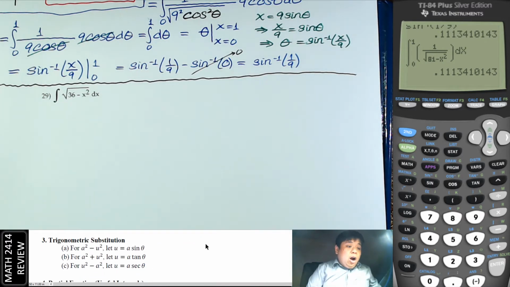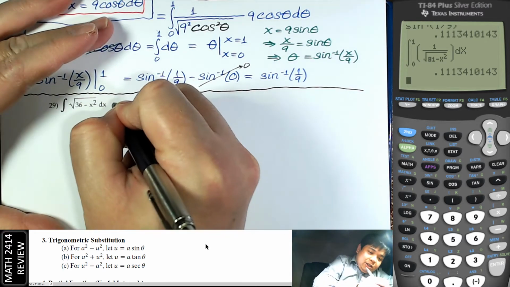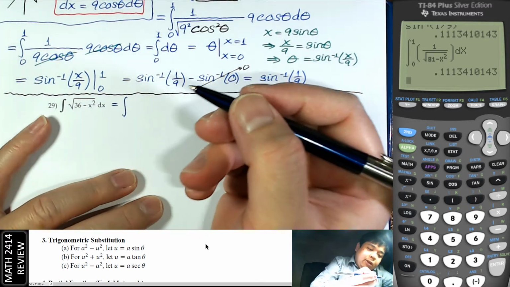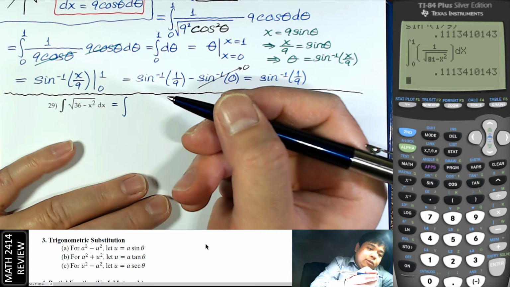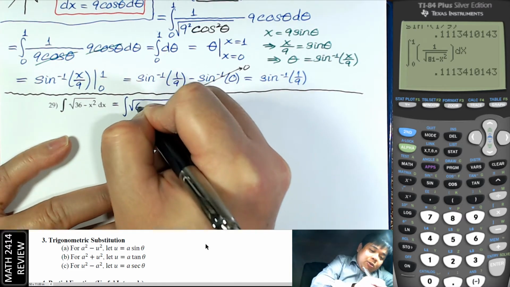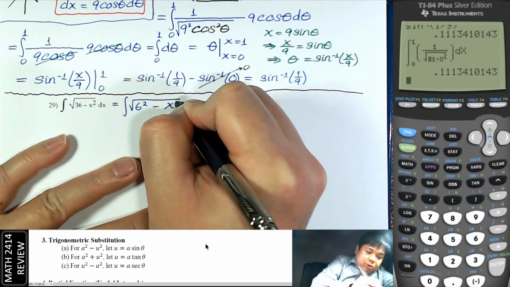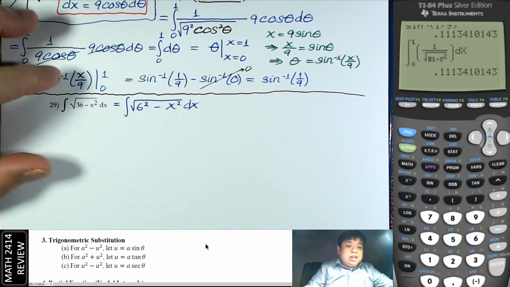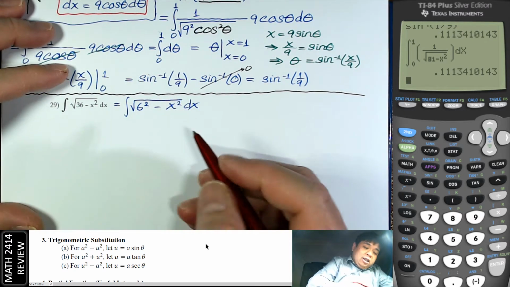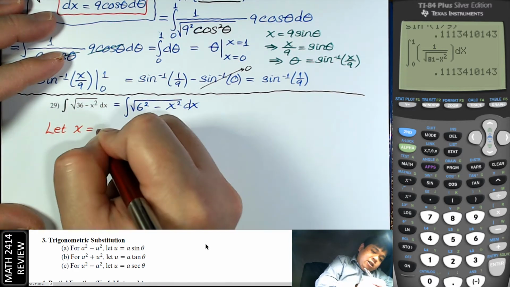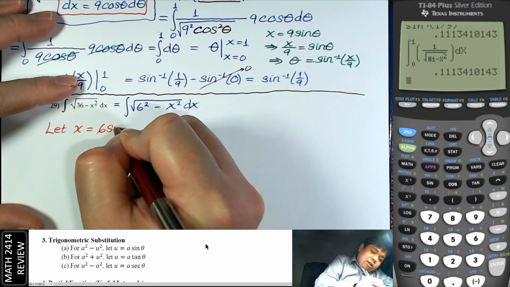On this one, we still have a constant square minus a variable square. 6 square minus variable square. So in that case, we let x be 6 sine of theta.